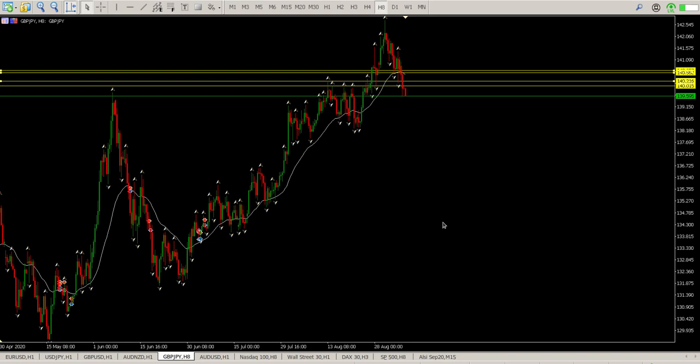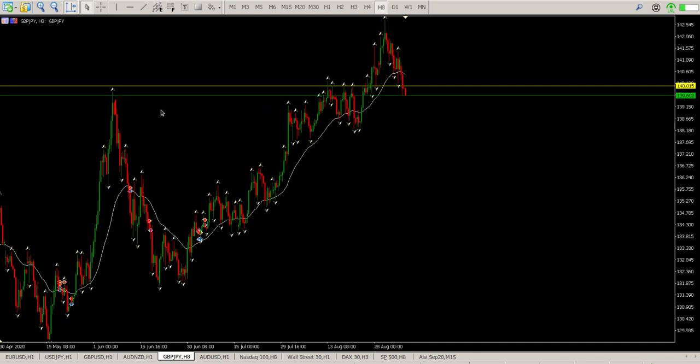British pound, Japanese yen. Well, what can I say? Pretty strong level there that we've broken through, and we're closed below it. We are now coming up, I would assume, by the looks of things, to another level here. I just want to see what we have on a Fibonacci here.